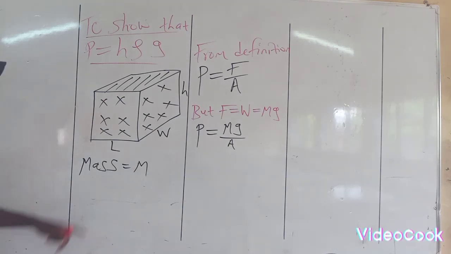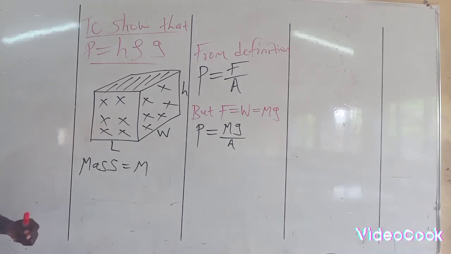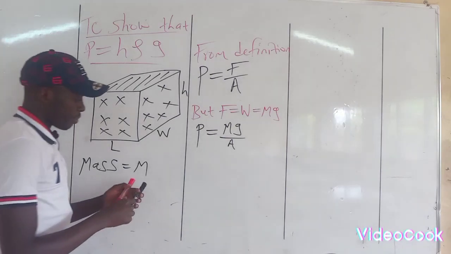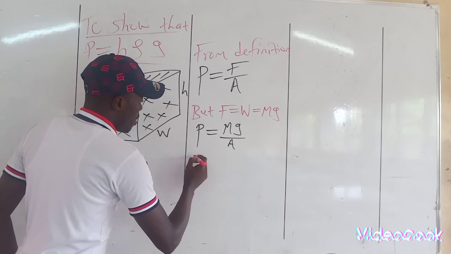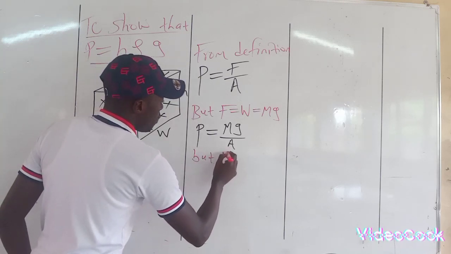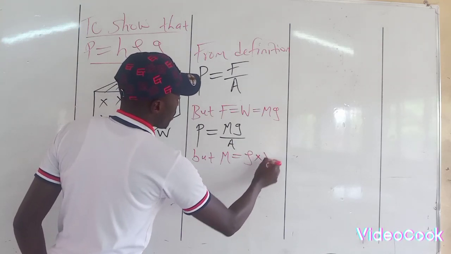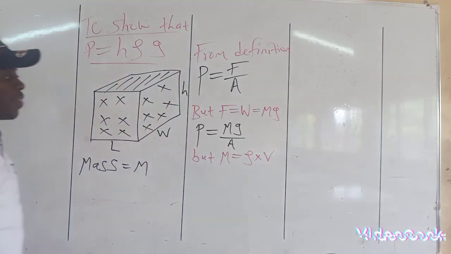So in this case, since we have length, width, and height, which can give us the volume, we know that the mass of the body is given by rho v, that is density times volume.